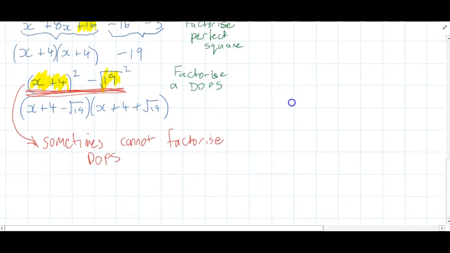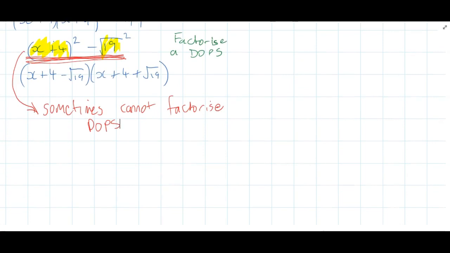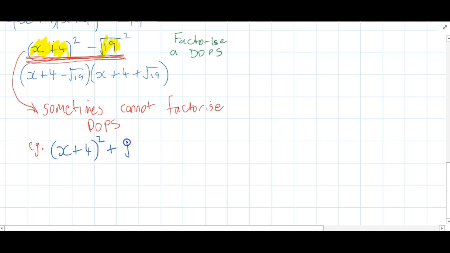So for example, if you had (x + 4) all squared plus the square root of 19 squared, this plus here makes it not factorizable. Okay, so that means it cannot be factorized, and that's where you'd stop.